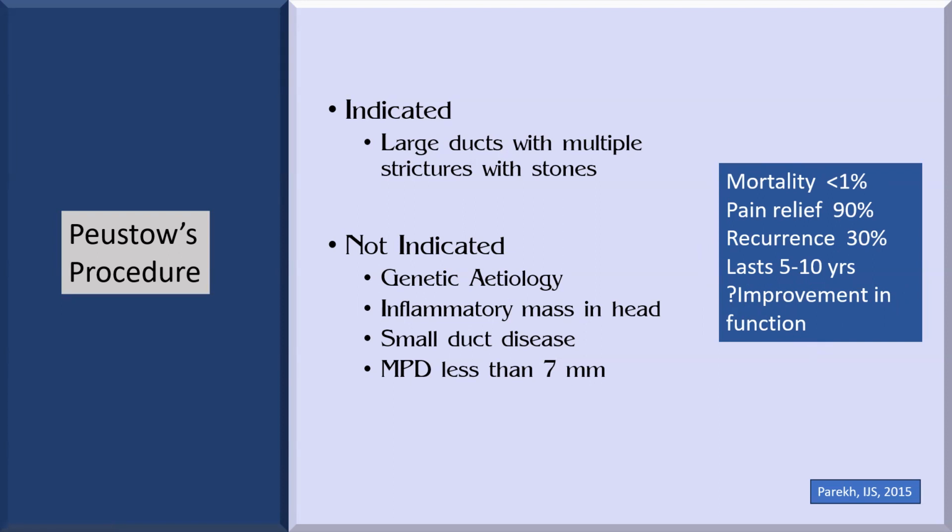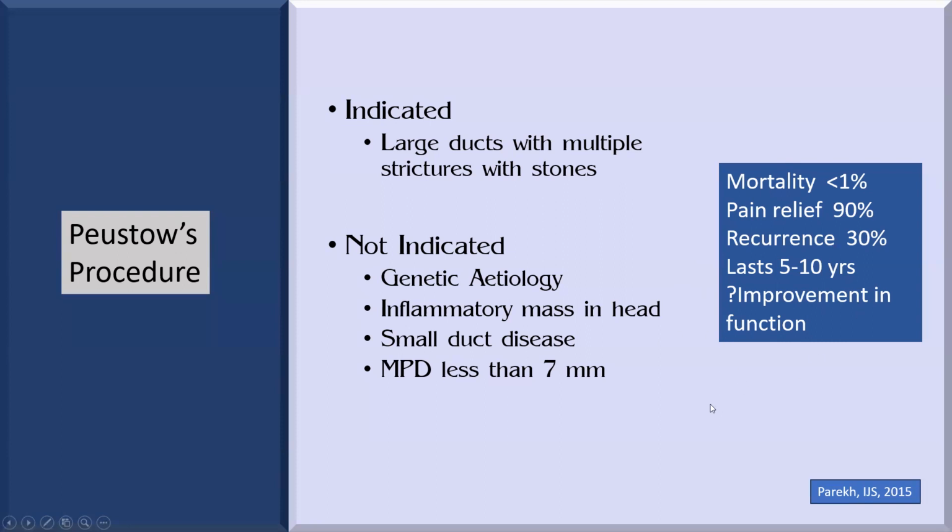There are some papers that say that if you operate on them early enough, you can slow down the deterioration of the exocrine and endocrine function. There are others which counter that. And so it would be wise for us not to commit ourselves as far as the function of the pancreas is concerned. All right, so this is the realistic output from a pustosis procedure.